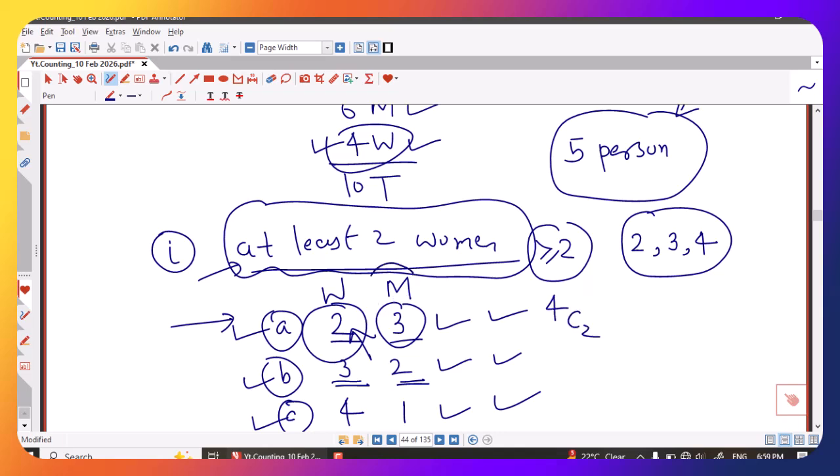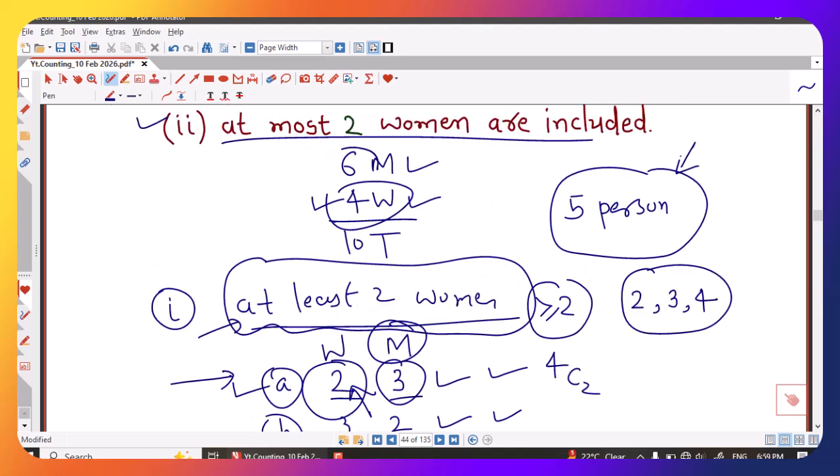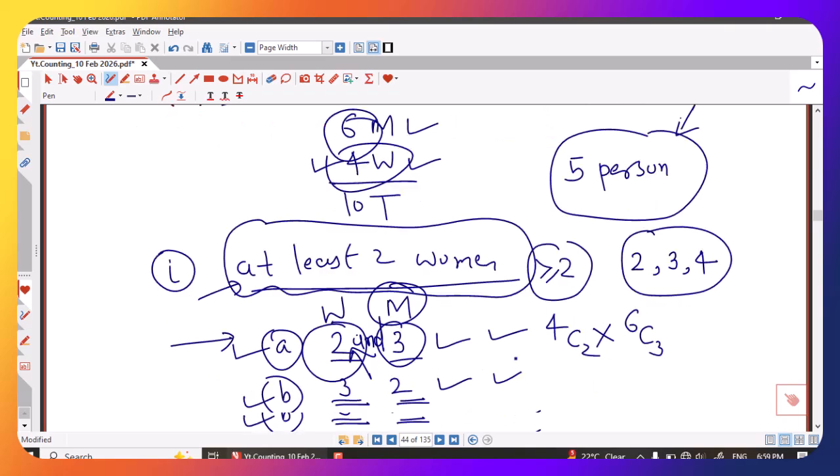And we have to select 3 men, and there are a total of 6 men. So we can select 3 men out of 6 men in 6C3 ways. And we require a committee of 5 persons, so we have to select 2 women as well as 3 men. So here, by the product rule, we have to multiply these two numbers.